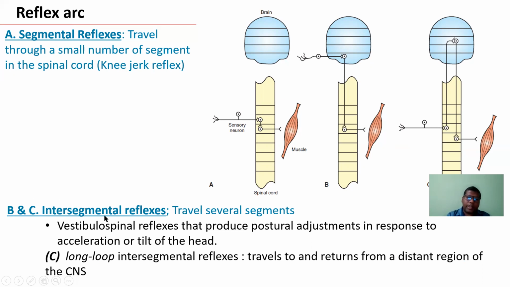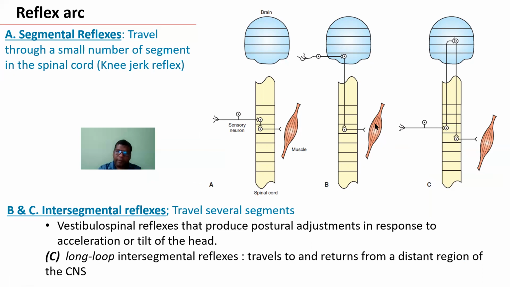When we see the intersegmental reflexes, then B and C are intersegmental reflexes. For example, the vestibulospinal reflex. Suppose we are moving our head, bending our head while walking, suddenly some object comes before our eye and we have to move our body.